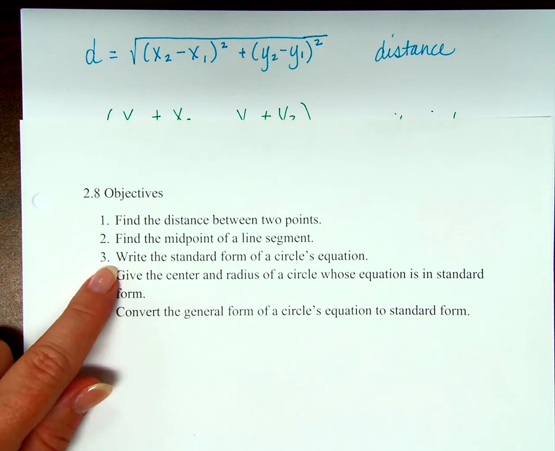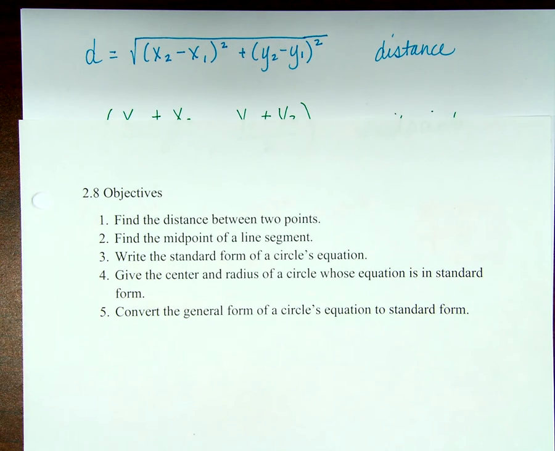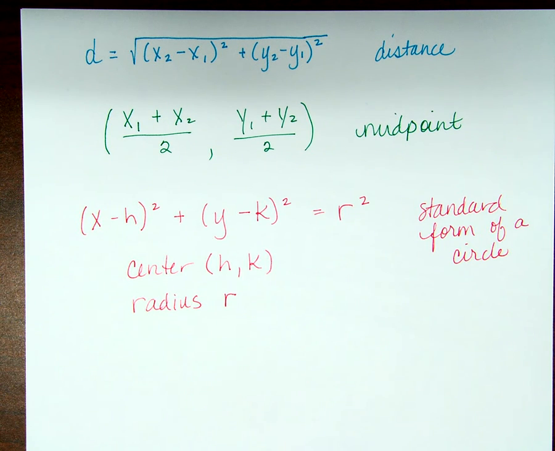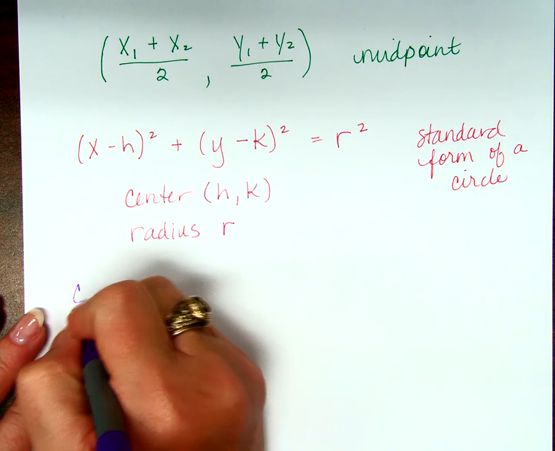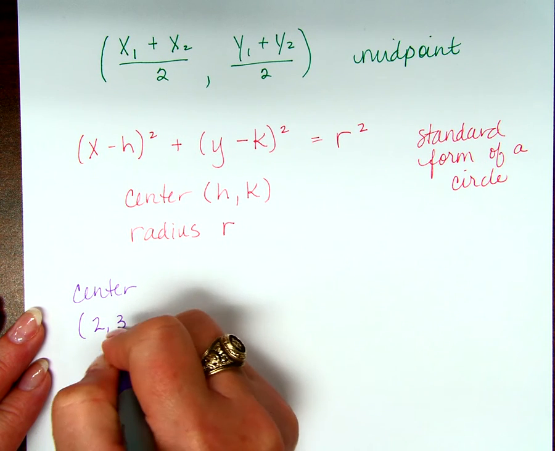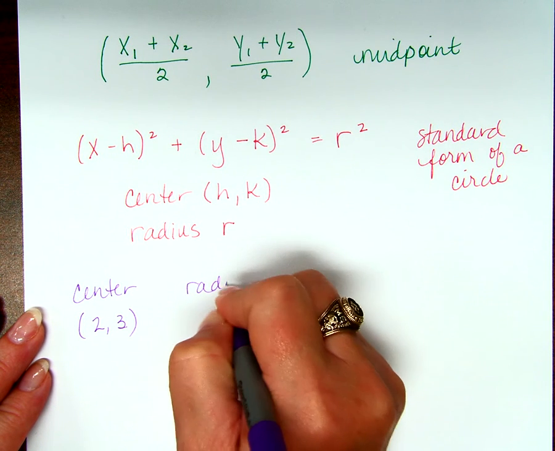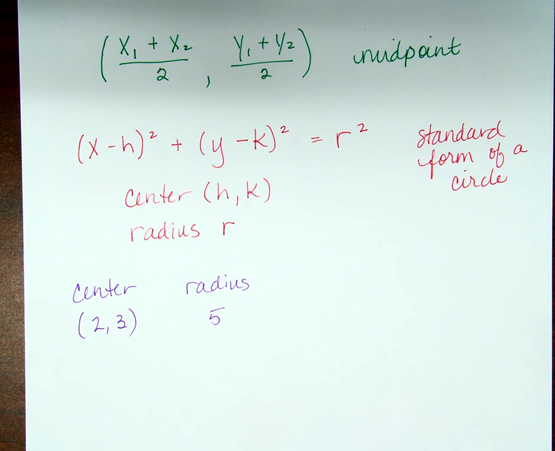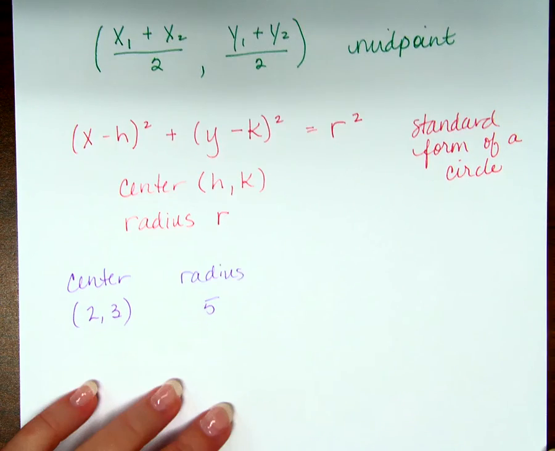So writing the standard form of the circle's equation is basically if I give you a center and a radius, can you write the standard form? Okay, let's check and make sure. If I tell you the center is 2, 3, and the radius is 5, what is the standard form of this circle?